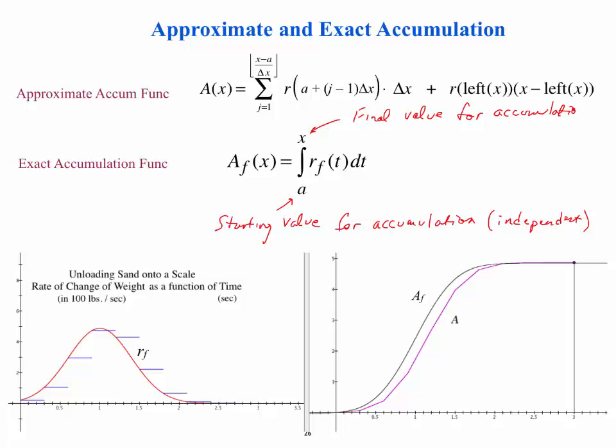Again, that's a value of x. That's not a value of accumulation. That's a value of x. So it's independent. But then this is a function, so that thing changes. Like we've been watching over the last weeks, that thing changes and increases. So we get the accumulated amount at every moment for any x that you want.